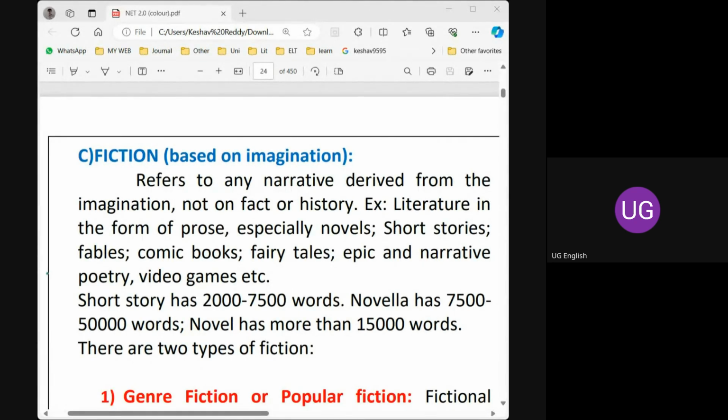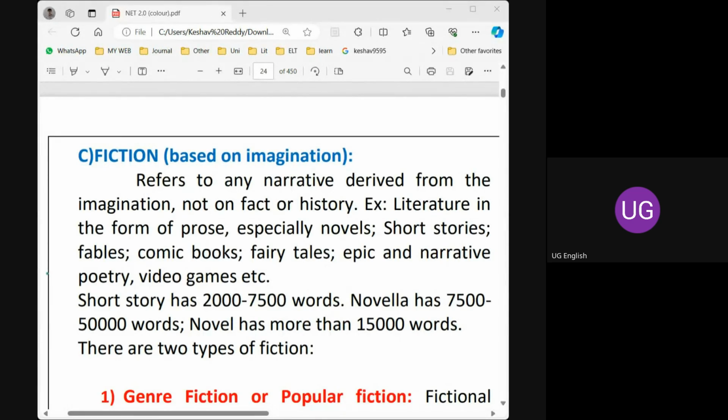In the previous class, that is the first class, we discussed the types of literary genres, in which we have gone through three different types. The one is the poetry. Poetry is the oldest of all the literary genres. Kindly note this point.